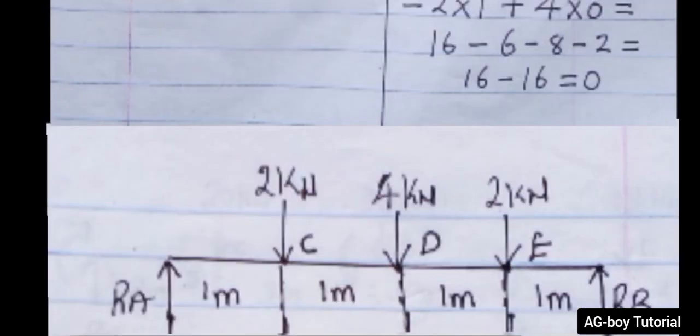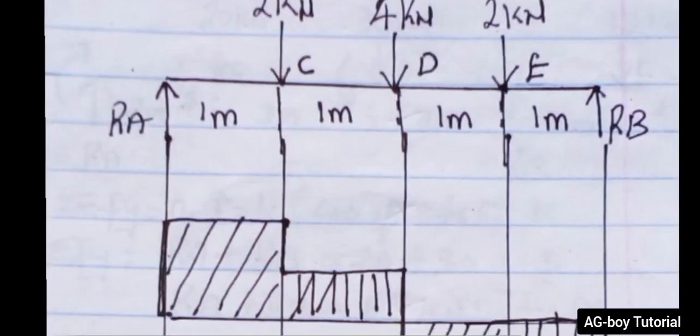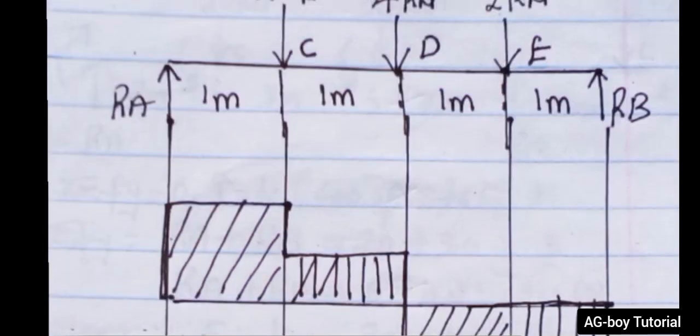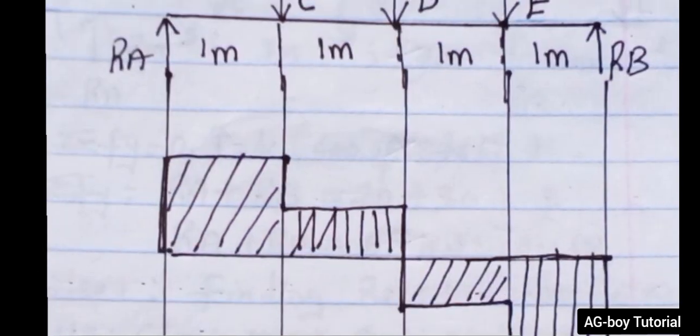Okay, so now this is 4 kilonewton, and since there is no UDL here, initially here was 2 kilonewton, and there will be a straight line. If it's UDL, it will be an incline. At D, we have a force of 4 kilonewton pulling it downward.